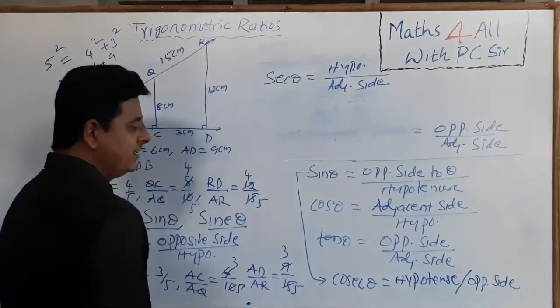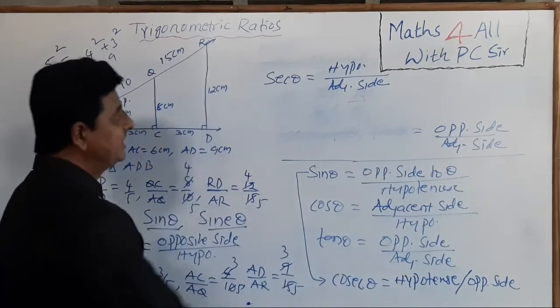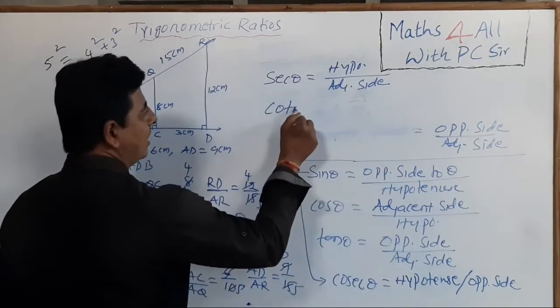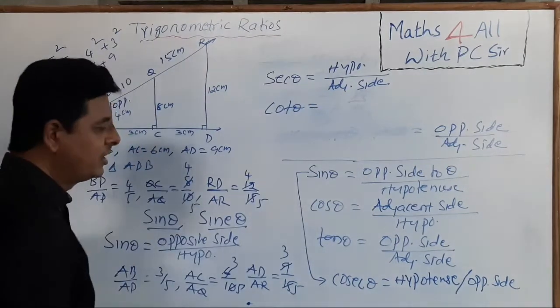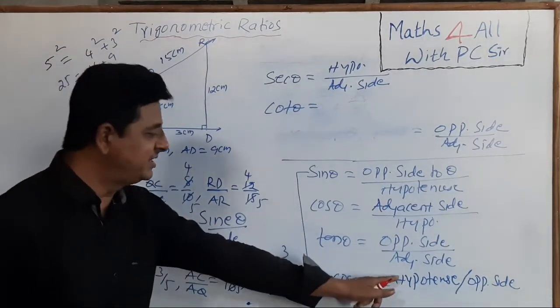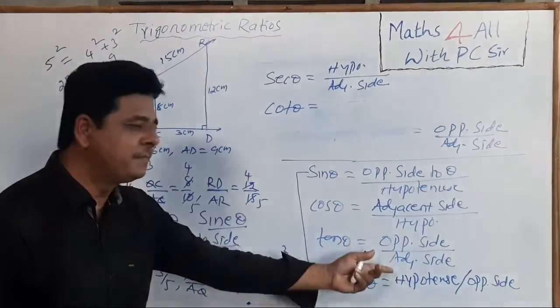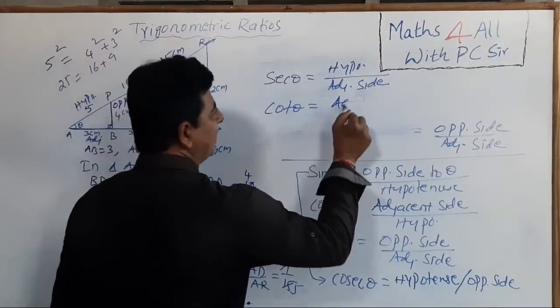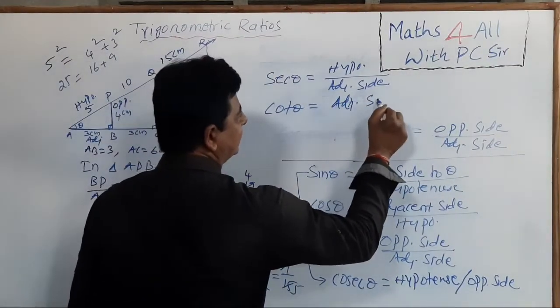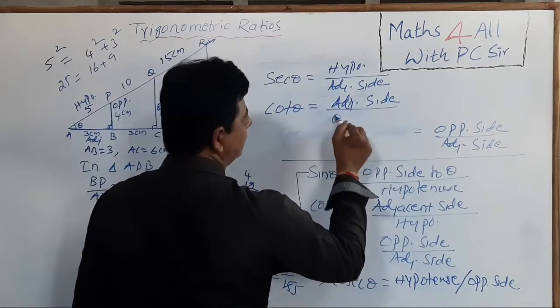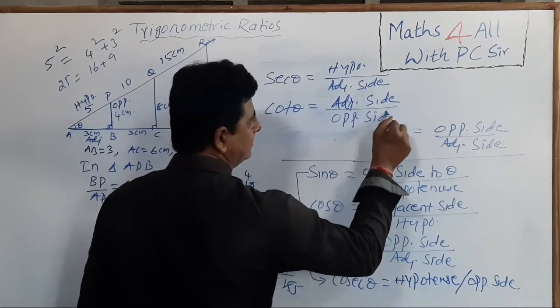And finally, the reciprocal of tangent theta, we can write cot theta, cotangent theta. That is equal to opposite side by adjacent side, and its reciprocal is adjacent side by opposite side.